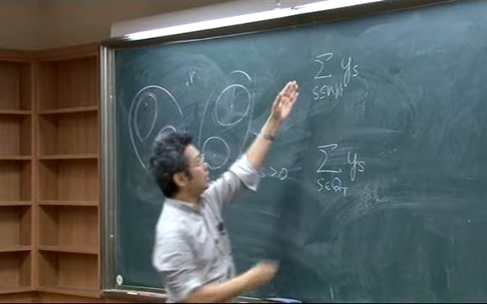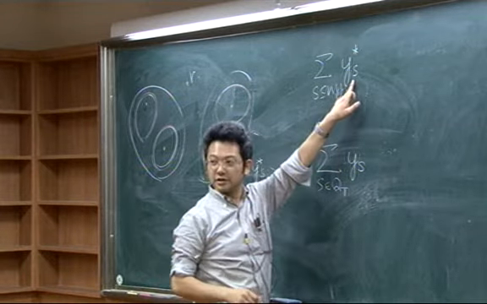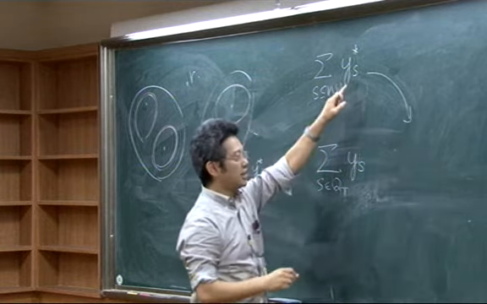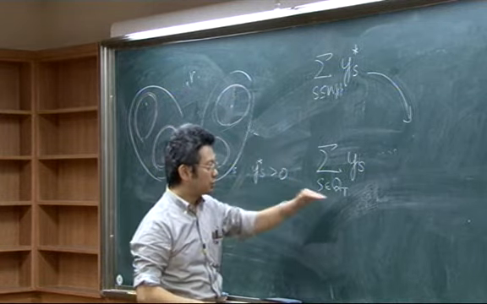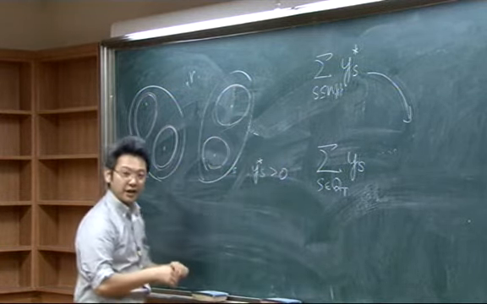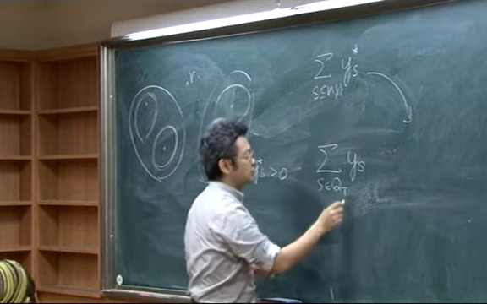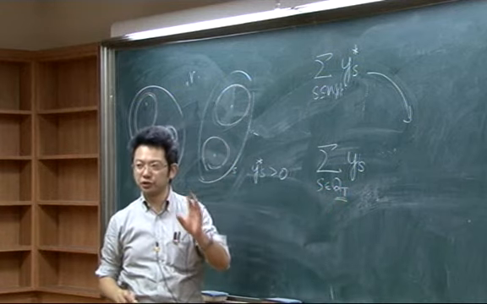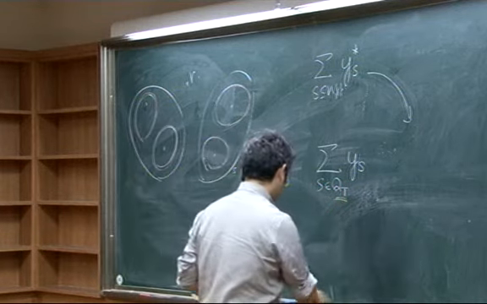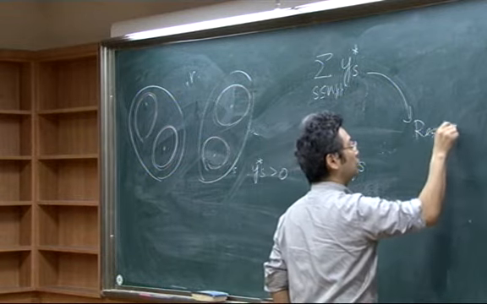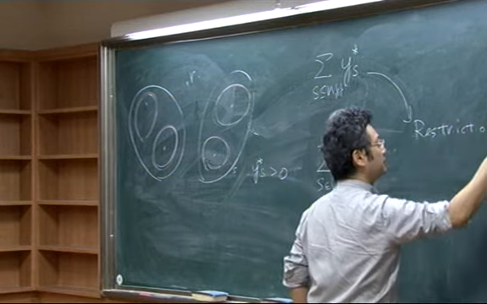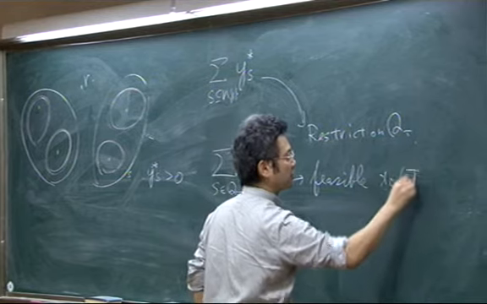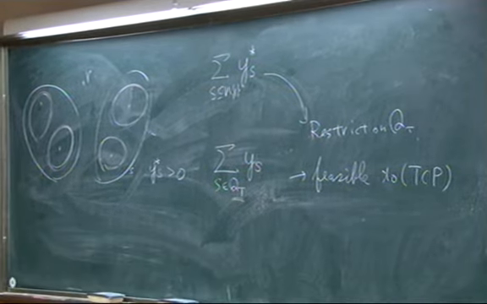Now I get this solution y_S, and from that I will restrict this y star S onto Q of T. I will restrict this y_S onto Q of T, and that will give you a feasible solution to TCP. Okay.